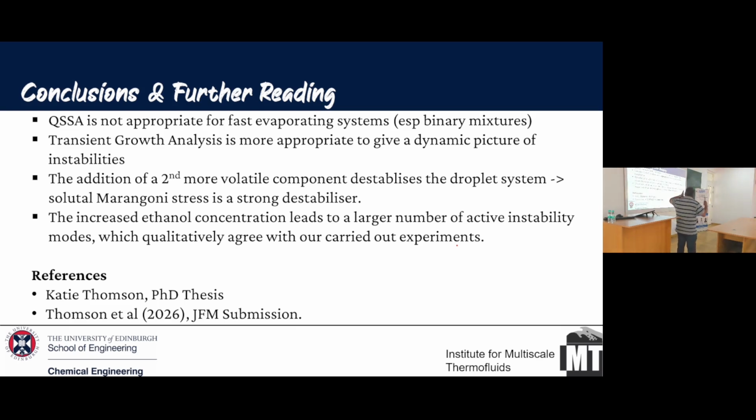So transient growth analysis, where everything is a dynamic system, gives you a more appropriate picture of a dynamic instability. Very clearly, if you increase the concentration of the more volatile component, you destabilize the system further. The reason is that the solutal-Marangoni stress is the strongest destabilizer. This also agrees with the experiment, so this is fine.